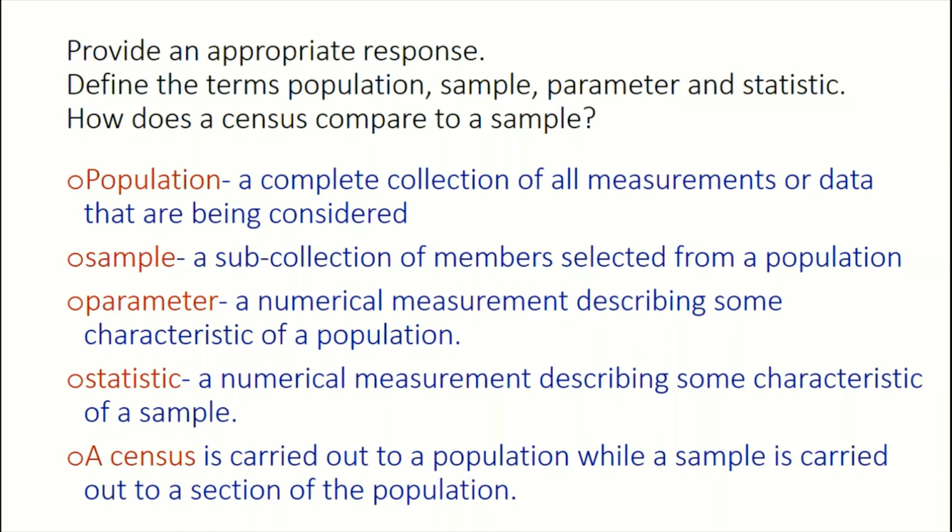A sample is a sub-collection of members selected from a population. A parameter is a numerical measurement describing some characteristic of a population. A statistic is a numerical measurement describing some characteristic of a sample. Moreover, a census is carried out on a population while a sample is carried out on a section of the population.